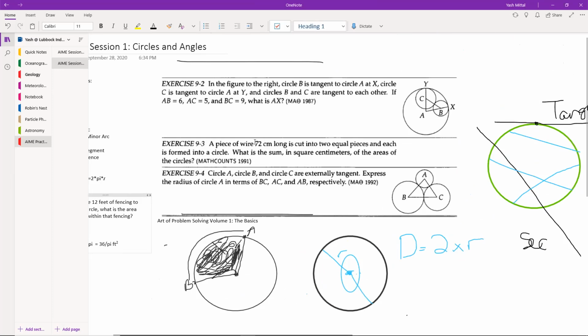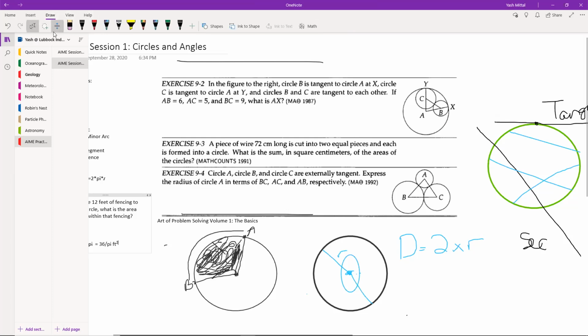So a piece of wire, 72 centimeters long. I'm doing exercise 9.3, everyone, by the way, just in case you were lost. So a piece of wire, 72 centimeters long, is cut into 2 equal pieces, and each is formed into a circle. What is the sum in square centimeters of the areas of the circles? So all right, let's dissect this question. A piece of 72 centimeters is cut into 2 equal pieces.